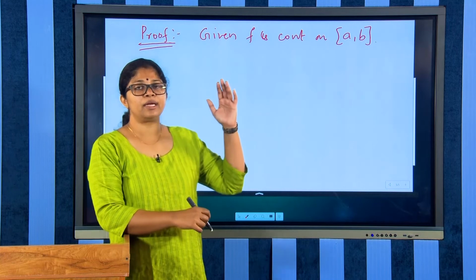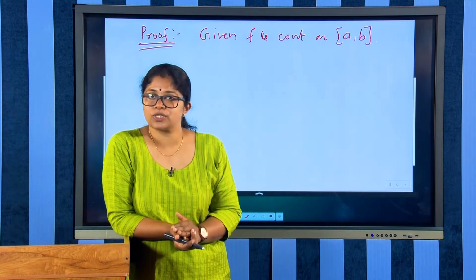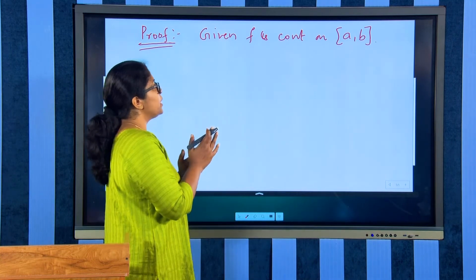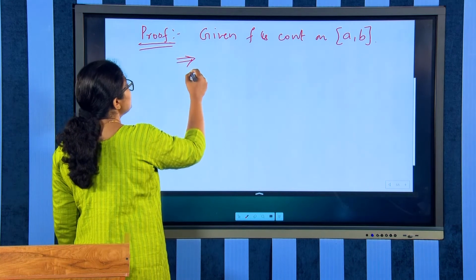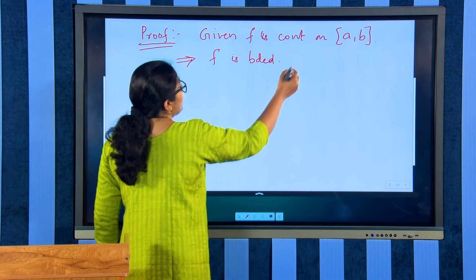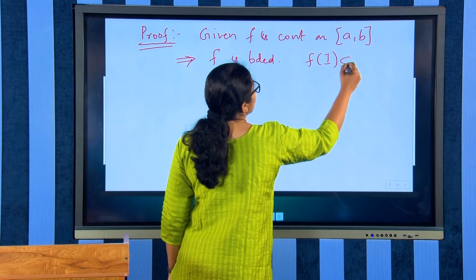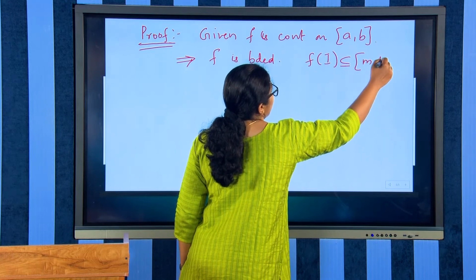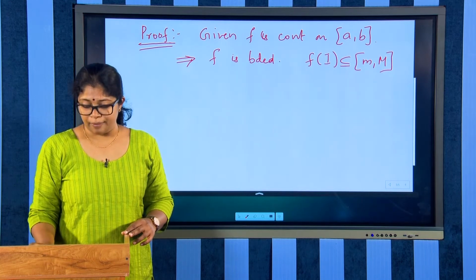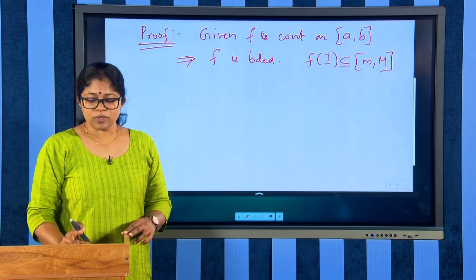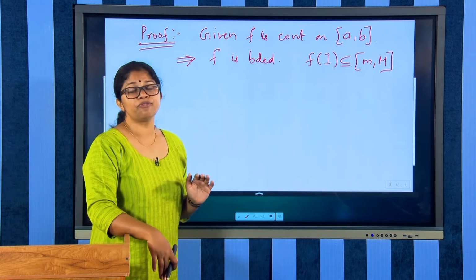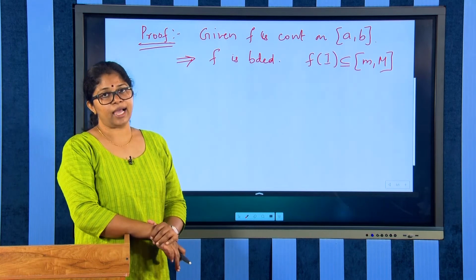We have been learning many theorems regarding continuous functions on closed and bounded intervals, and so f continuous on a closed bounded interval indicates that f is bounded, f of I is contained in small m, capital M, and we have learnt the Bolzano's intermediate value theorem as well. So, using these conditions, we are going to show that f is uniformly continuous on the interval I.